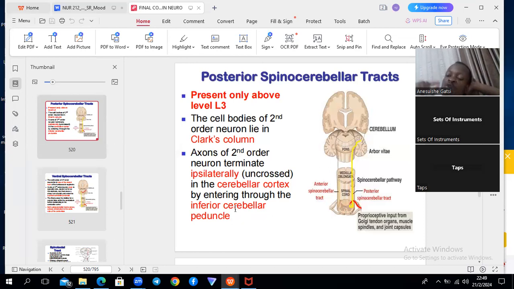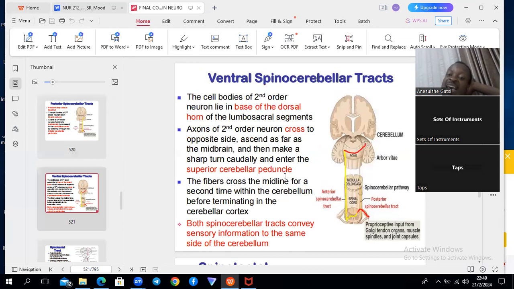One thing I want you to know about these tracts is that the cerebellum is ipsilateral. Unlike the other tracts which we said are going to cross, these ones do not cross. If they make a mistake of crossing, they will cross back to their original side, as happens with this tract here.